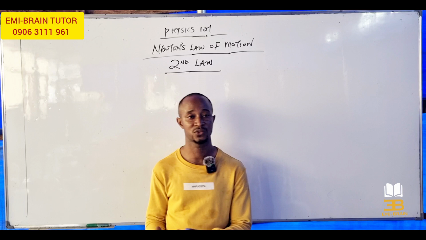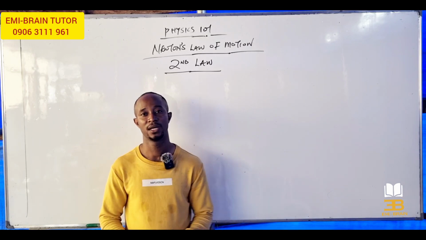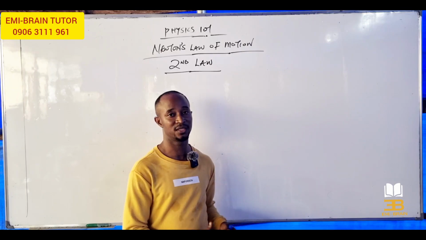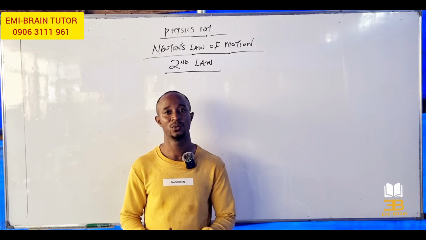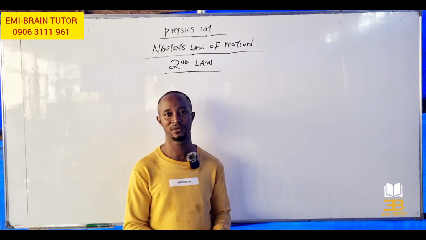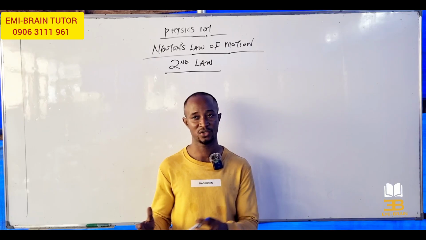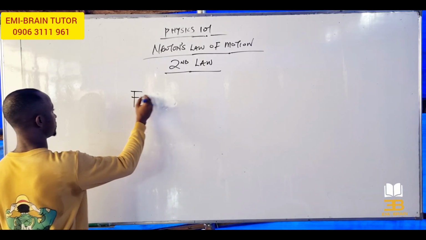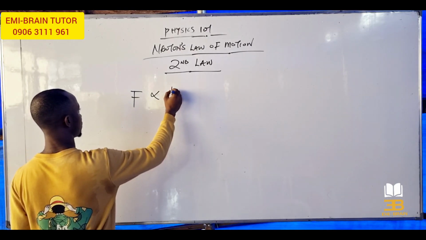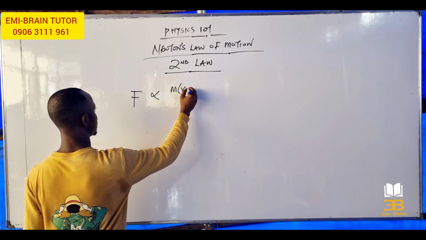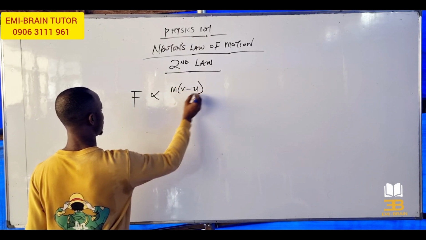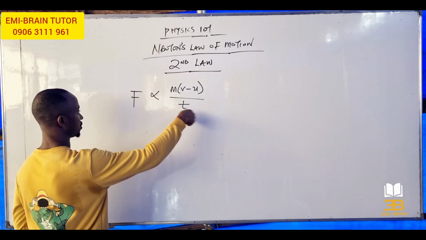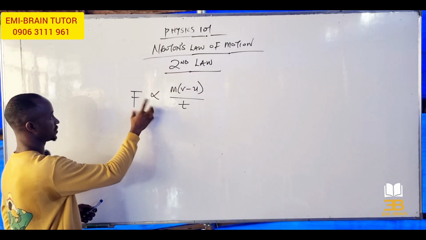Now let's look at Newton's second law of motion. This law is also called the law of acceleration, right? And the law says that the rate of change of momentum of a body is proportional to the applied force, which takes place in the direction of that force. What the law is saying is that the force is proportional to the rate of change of momentum, which is m(v minus u) divided by t.